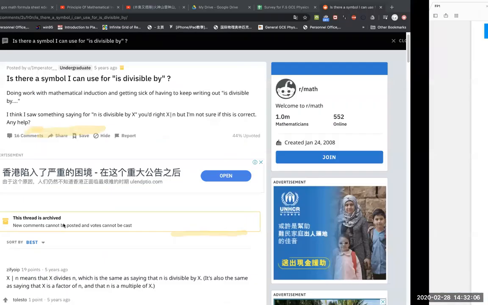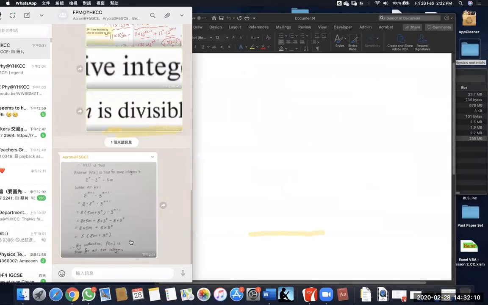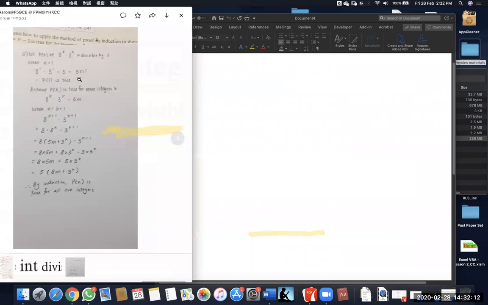Wow, everyone's so fast. He's hacking. He does true. Nice. So everyone missed something, okay? Therefore, Pk plus 1 is true. Wow.